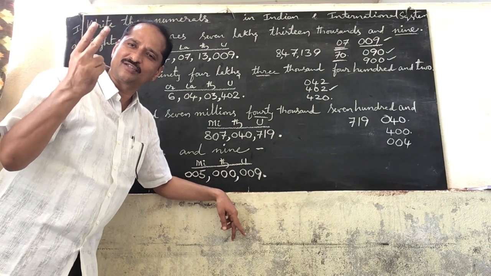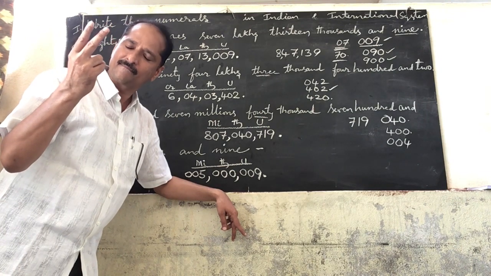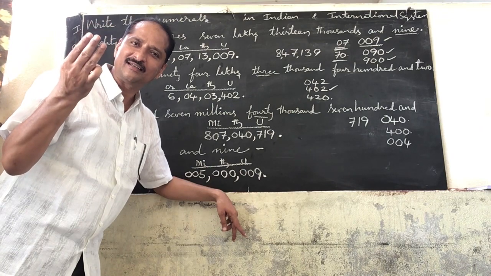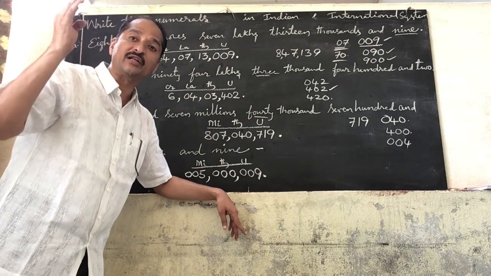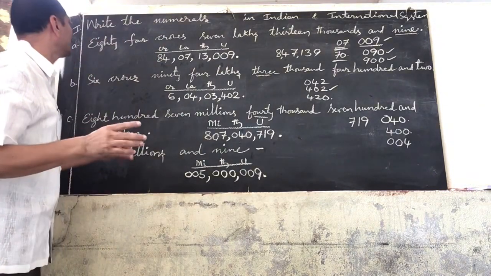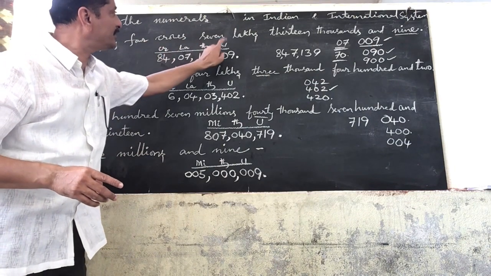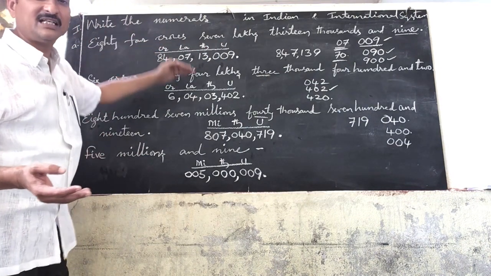Next lower than crores, lakhs period. Next lower than lakhs period, thousands period. Next lower than thousands period, yes, units period. So you have to remember like that always. Crores, lakhs, thousands, units, units, thousands, lakhs, crores. If you are remembering like that, you can easily write down.